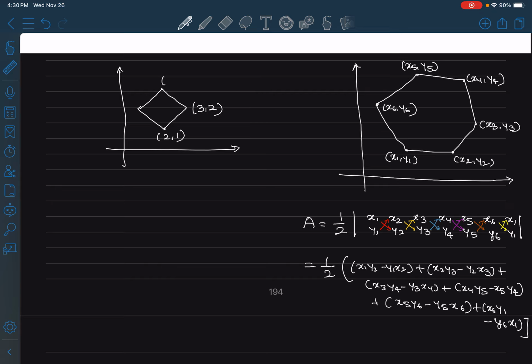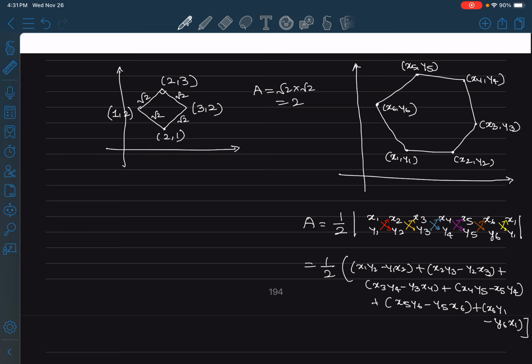Then one step left, one step up, 2, 3. And one step left, one step down, so this will be 1, 2. All of the sides have length root 2, and the angles are 90 degrees, which you can check. Its area will be root 2 times root 2, which is 2.